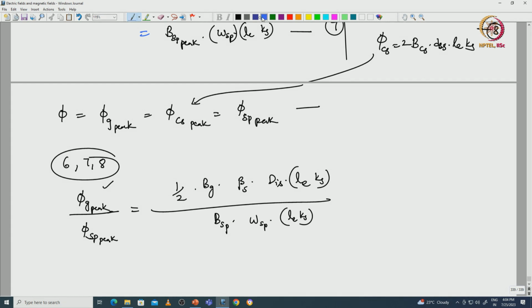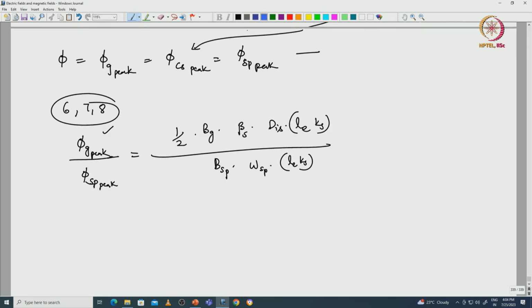From this equation we can get the width of the stator pole. This value equals 1, and the width of the stator pole is half of the Bg peak value divided by Bs, the flux density at the stator pole peak value, ratio into, these two terms also will cancel, beta S into dis.